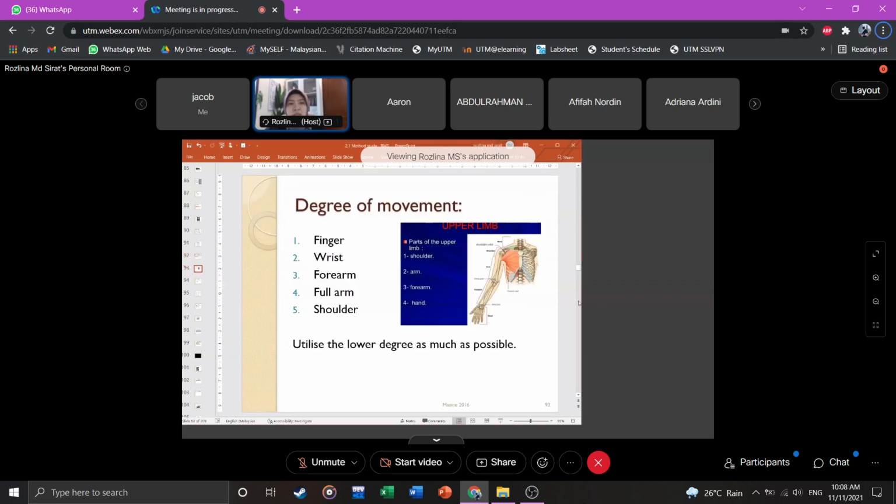What is the degree of movement? Focus on the fingers, wrist, forearm, full arm. We have fingers, then the bigger one, hand, then forearm, then the arm, and then shoulder.